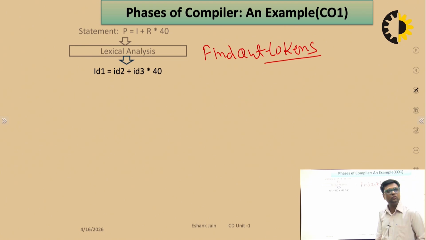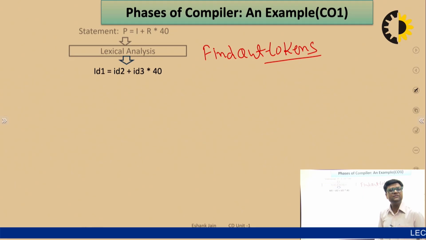A token is also known as the smallest unit of the program. So the lexical analyzer finds out the tokens. The tokens include lexemes, identifiers, constants, variables. These are known as the tokens that are generated by the lexical analyzer.